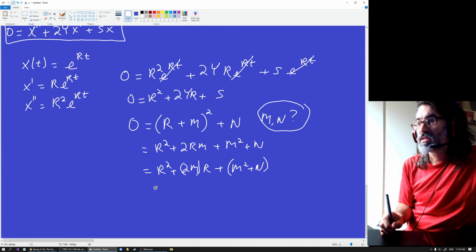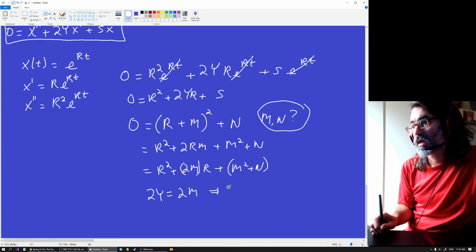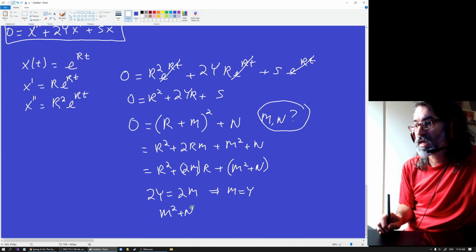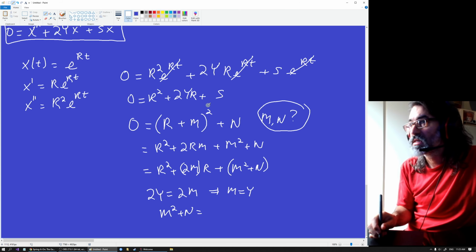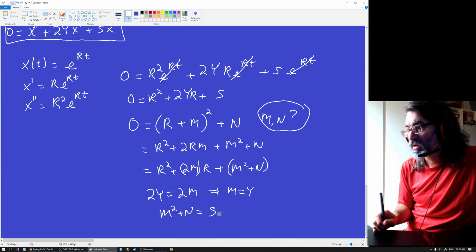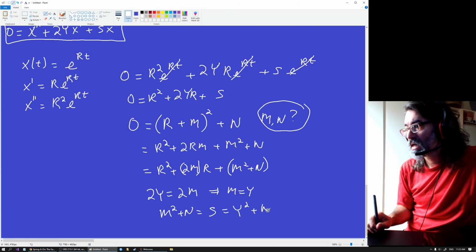So 2y needs to be equal to 2m, so m is just y. And then m squared plus n is s. The goal was to find m and n. So we have m, we can plug it here, so it's just y squared plus n.